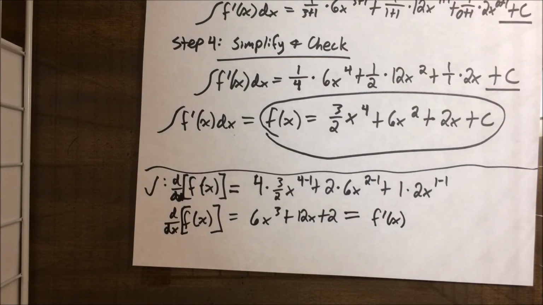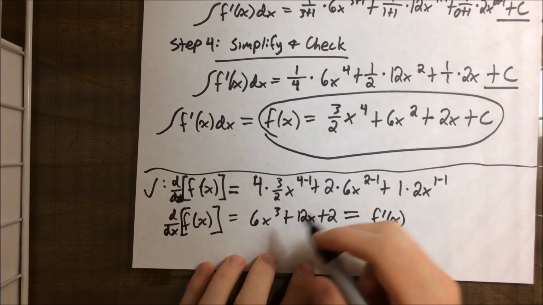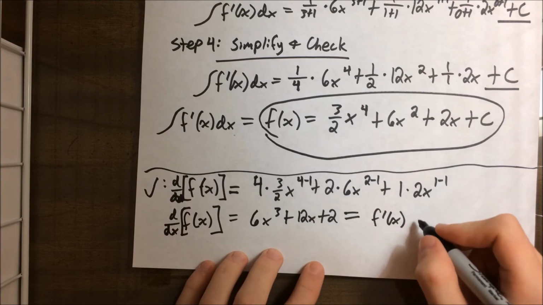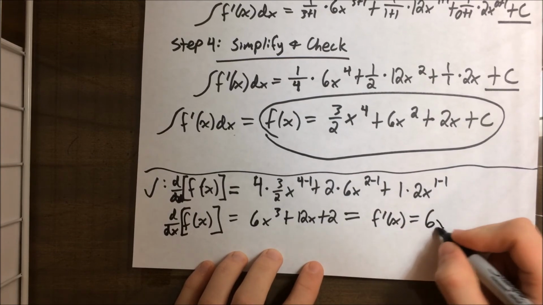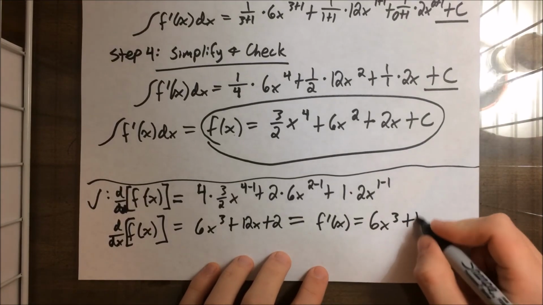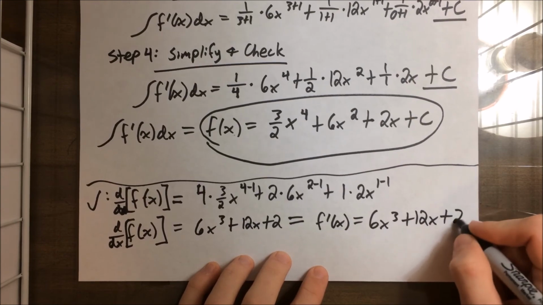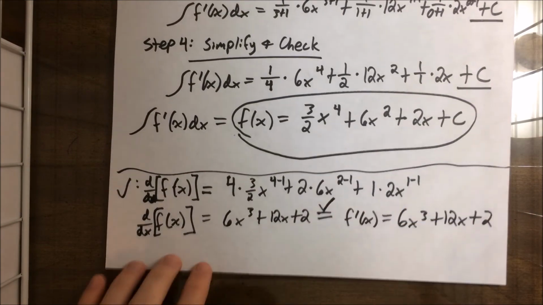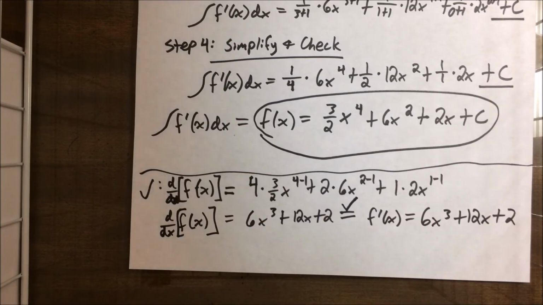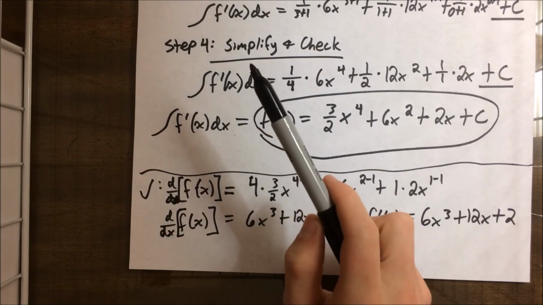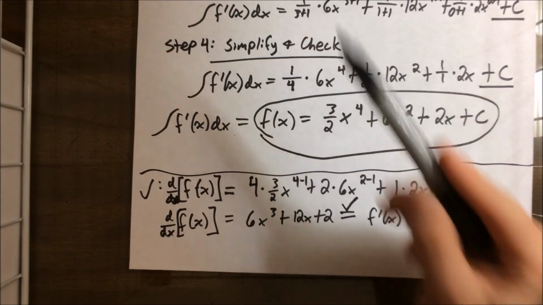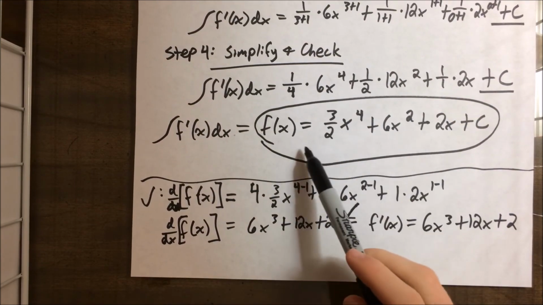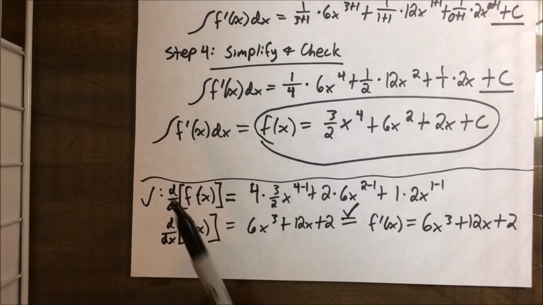So let's look at our original function, which was this. So it's equal to 6x cubed plus 12x plus 2. So we are good. So therefore f of x right here, this right here, is the integral of f prime of x.